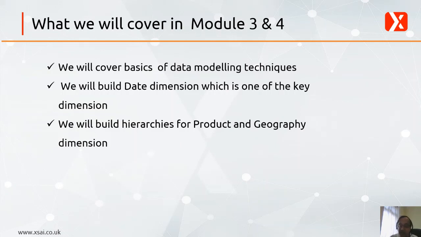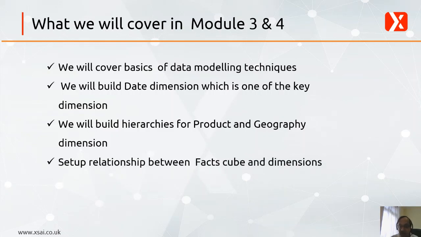We'll build the hierarchies for the product as well as the geography dimension. And finally, we'll set up the relationship between the fact cube, which is our sales cube, and all the dimensions. And then we can start building our visualization. Thank you.